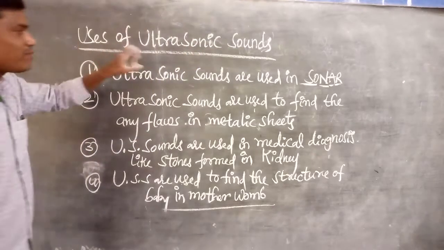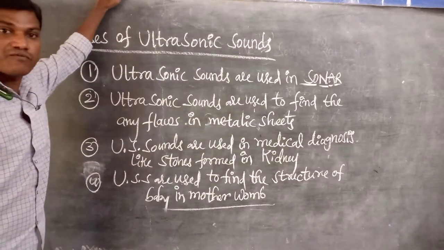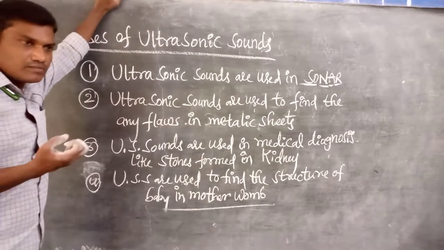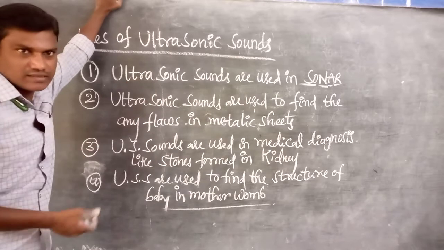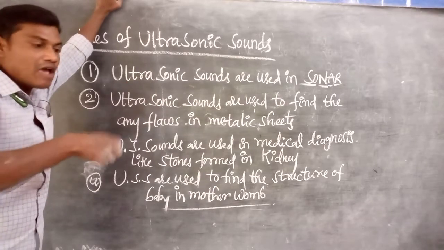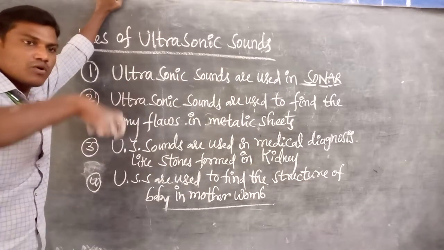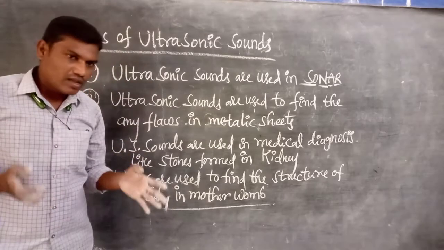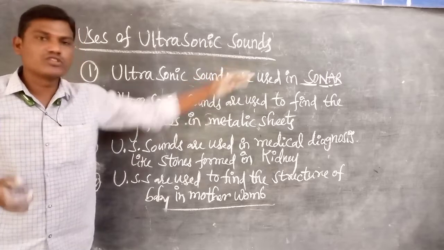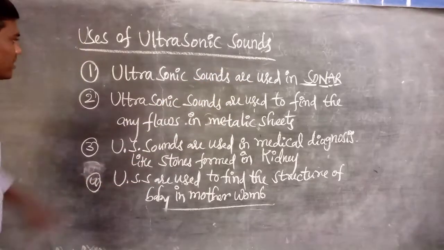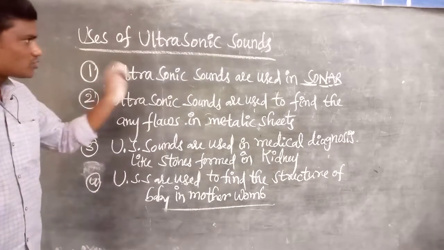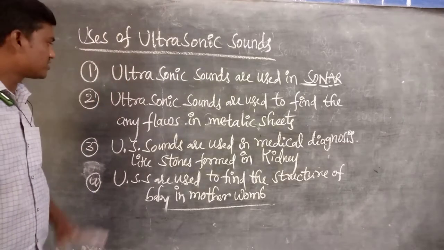That's why with the help of the sonar process, we can navigate and also find where other ships are. I will explain the sonar process separately later in this video. Ultrasonic sounds are used in the sonar process. Sonar means sound navigation and ranging.